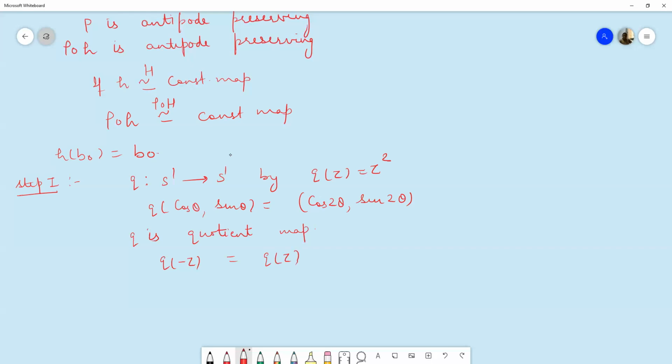And also one more thing we can see about the given mapping H, that H of minus Z is minus H(Z), because H is given to us as the antipode preserving map. So because of these two, we can see that Q of H(minus Z) is Q of H(Z).